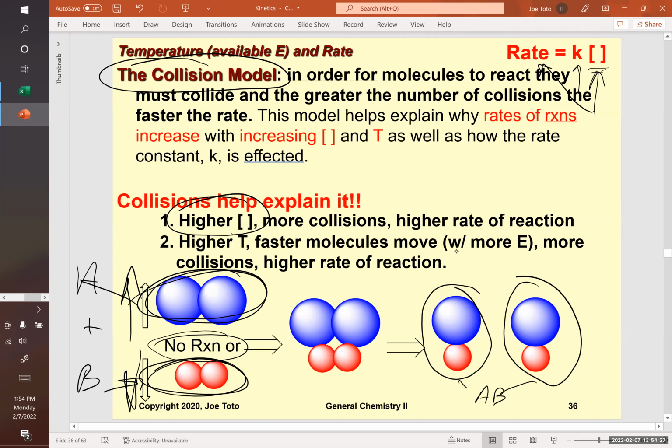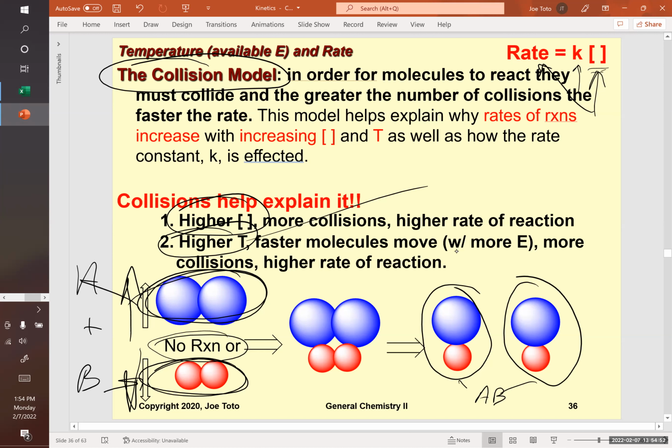Also, it kind of gets at why higher temperatures tend to increase the rate of reaction. Why? Because if you have higher temperatures, those molecules are moving around more quickly, with a higher kinetic energy. So when they collide, they're going to collide with more energy, and that's going to lead to higher rates of reaction.